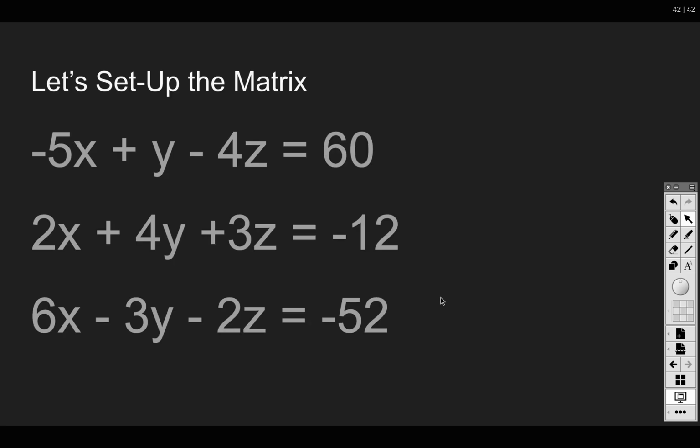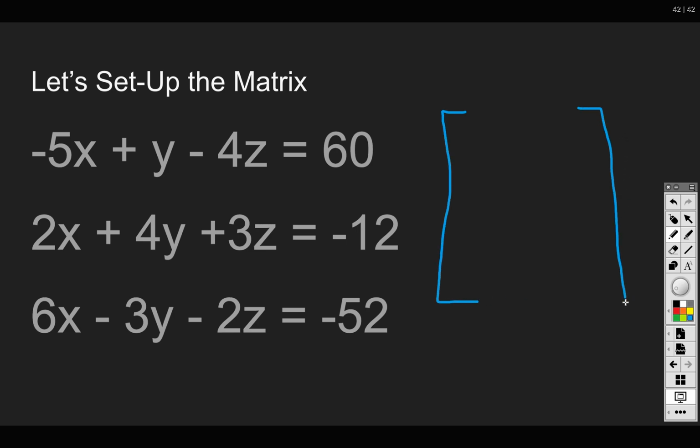So the first thing is you have to be able to set up a matrix. What is a matrix? Well, it's an array. It is a set of numbers put in order where each one represents a piece of data. The way to write a matrix is to draw a bracket.